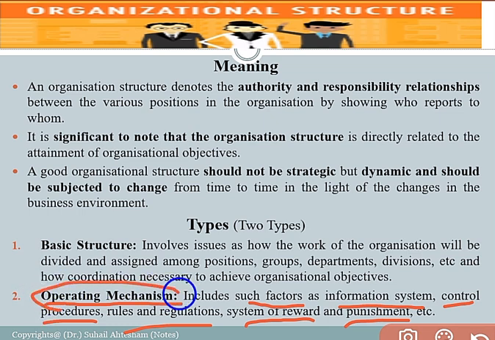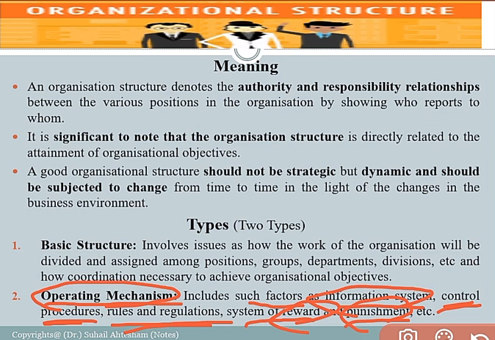Operating mechanism is related to factors of information system: information about the organization, information about the do's and don'ts, information about the roles and responsibilities of the employees in the formal organization, right? The control procedure, the rules and regulations of the organization, the reward for performing the duties more effectively, and the punishment for violation of the rules and regulations in the formal organization.